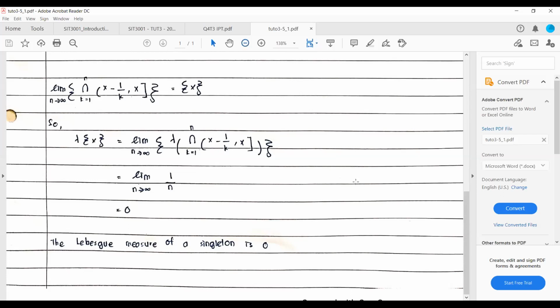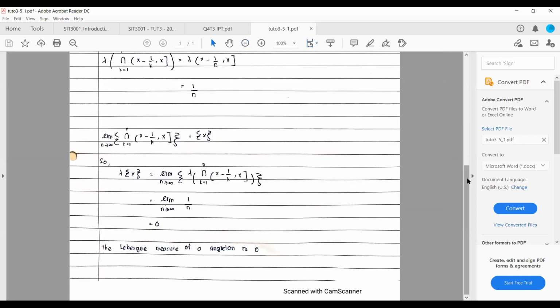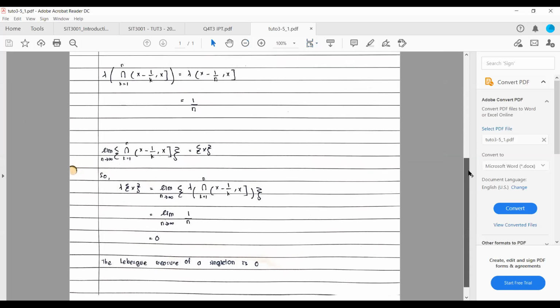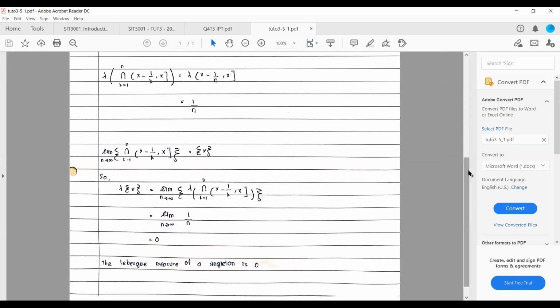Just a small thing: towards the end, when you say lambda of the singleton x is equal to the limit of that, actually the limit should go inside. You put the limit outside.